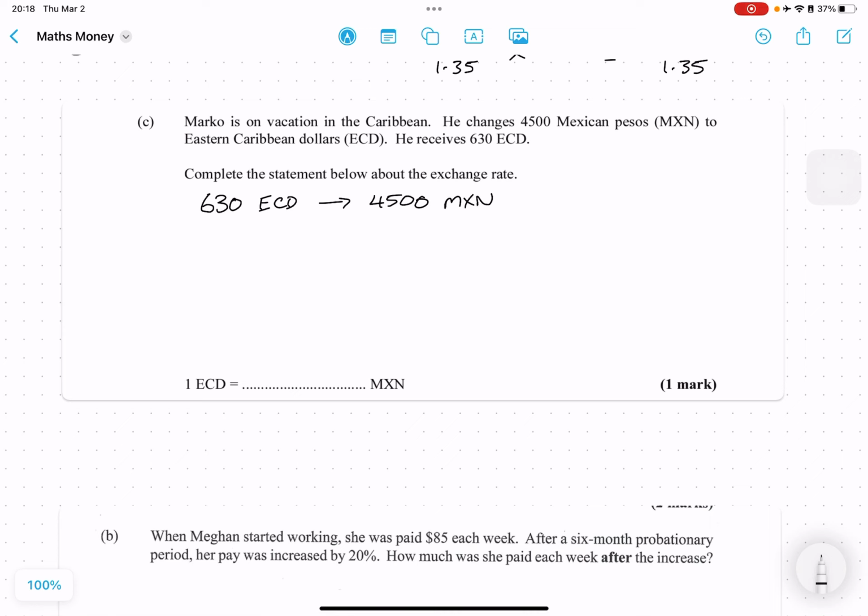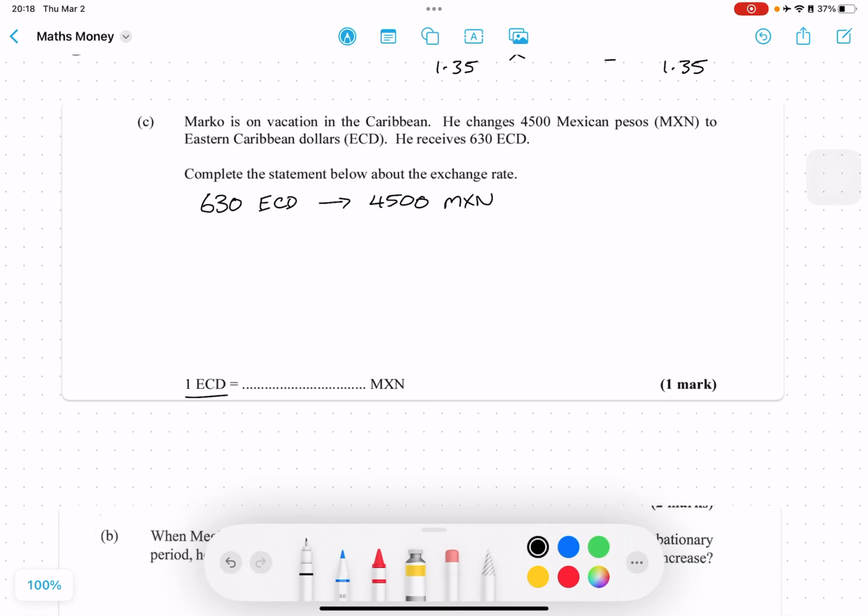Why I started it like that is because that's how they want it ended. They want the Eastern Caribbean first, so I put that first, right? And they just want the 1, so it's very easy. We already know what to do. We divide by 630 both ways. So this becomes 1 Eastern Caribbean dollar.